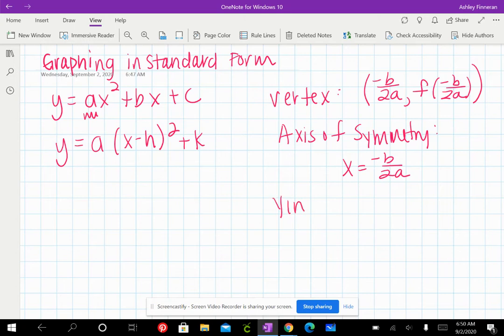Every point on the y-axis is 0, some number. If I plug 0 into ax squared plus bx plus c, no matter what, those terms become 0. So my y-intercept is always going to be c.